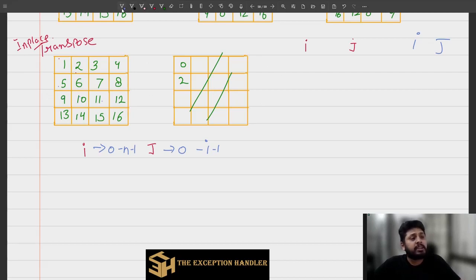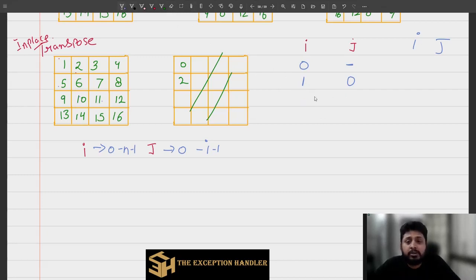So let me write the indexes for you. If i is 0, j will not go anywhere, because i minus 1 is minus 1. So the j loop would not run. For i equal to 1, my j would run for 0. So that means only one iteration for i equal to 1.